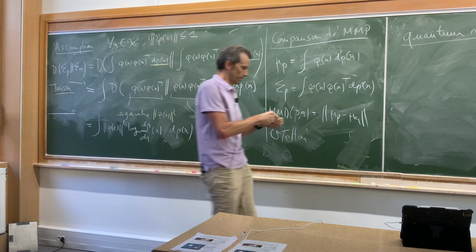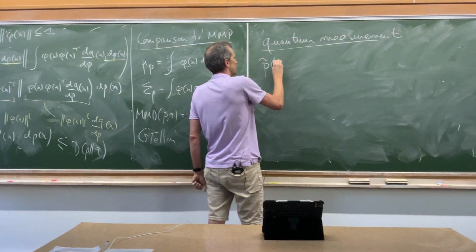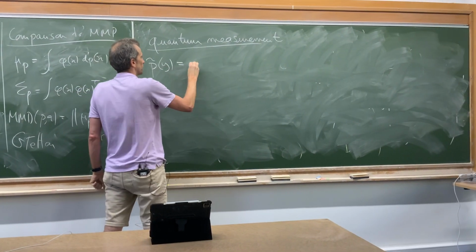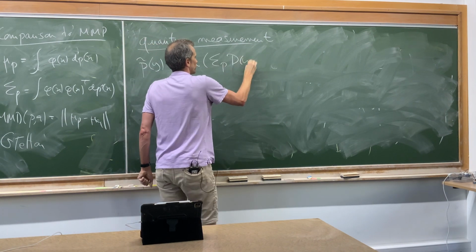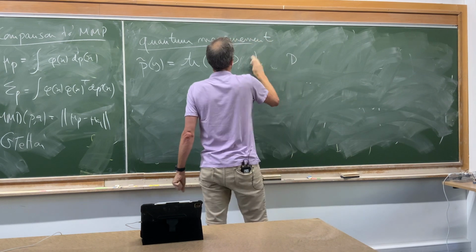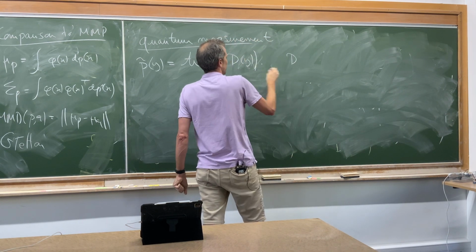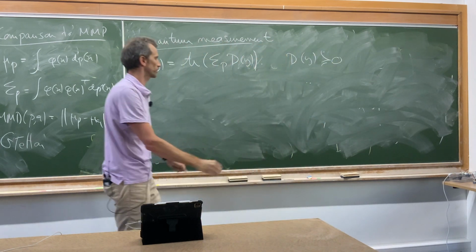Let me give you the measurement. What is a measurement in quantum mechanics? You get a trace between your operator and some measurement operator d of y. d of y has to be PSD, symmetric and so on.